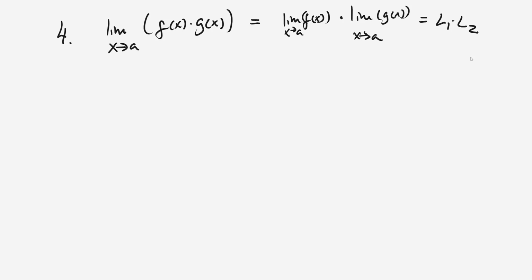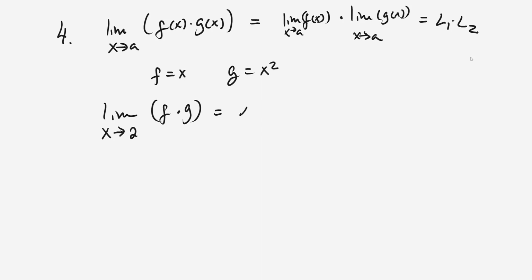We can look again at our usual example, f equals x, g equals x squared. Let's look at the limit when x goes to 2 of f times g.